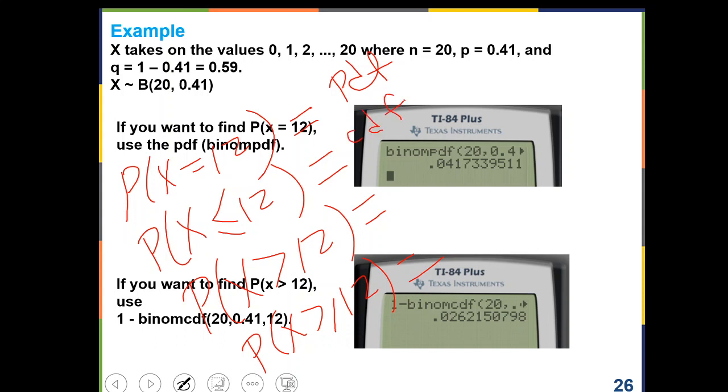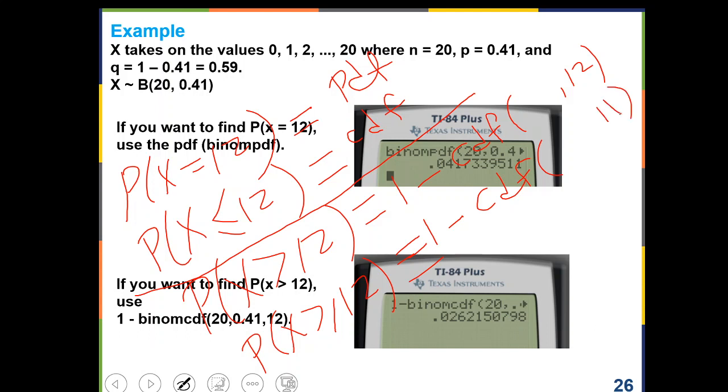I don't need to have 1 minus or anything, right? So these two you could do directly, but these two, as I just discussed, this one greater than 12 is 1 minus CDF, and inside the CDF you want to put 12 there. Now this one is 1 minus CDF, and inside the CDF you want to put 11 because you want to include 12. So that's how you do these.